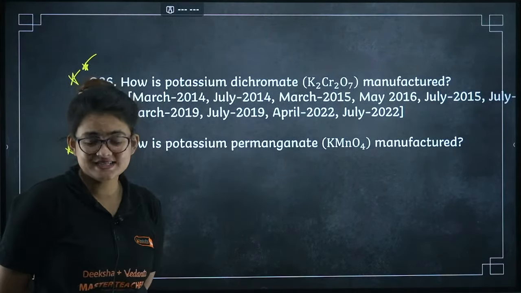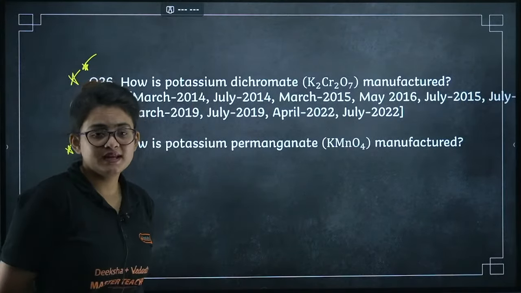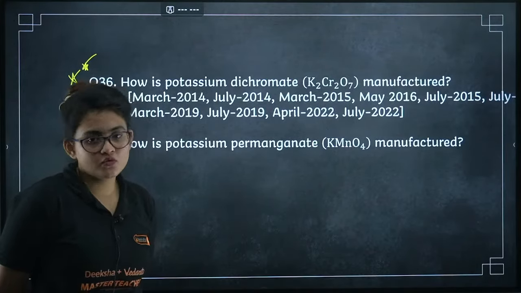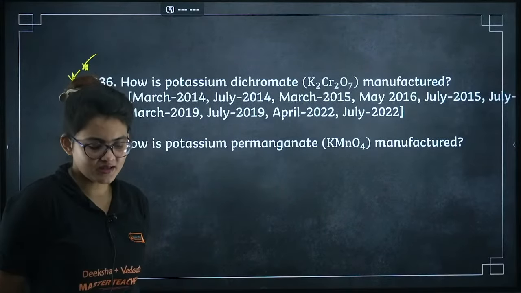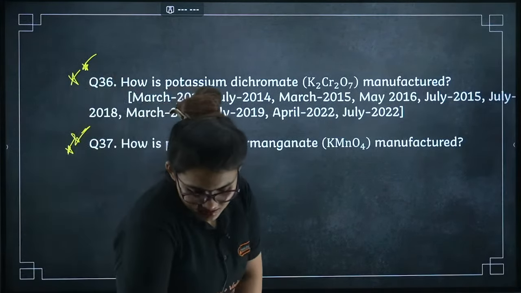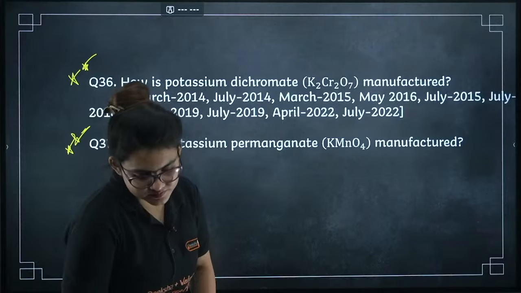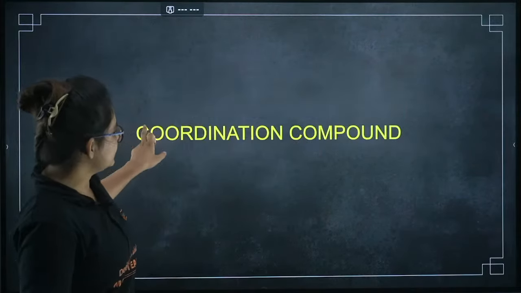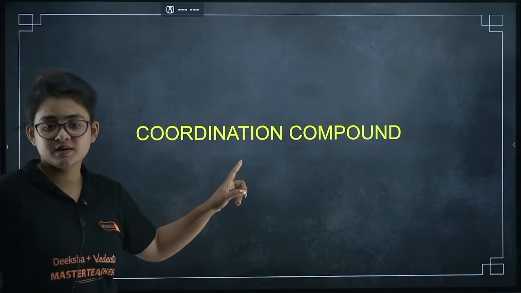If cinnabar is heated in the presence of oxygen, then you will get K2MnO4 along with oxygen gas. So this is a question you can get out of it. Let's proceed further. Here you can see coordination compounds.